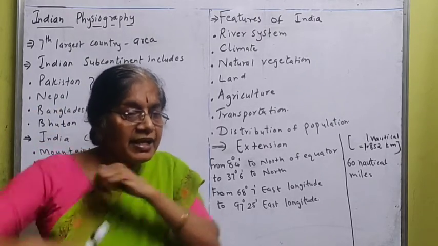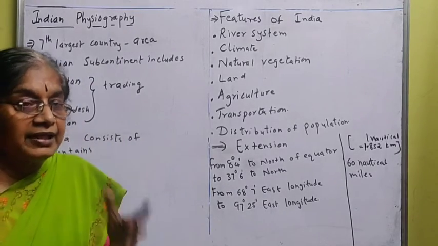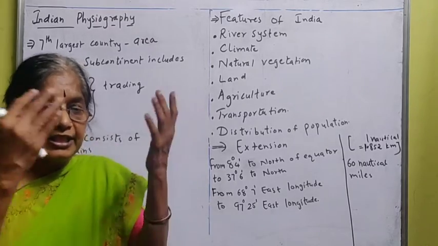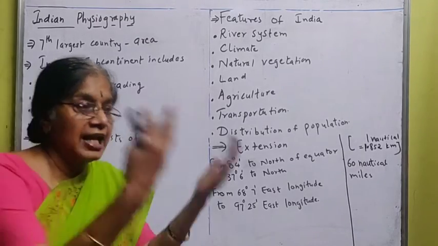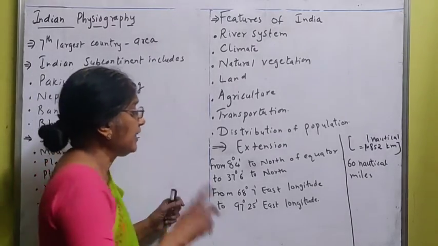But afterwards, when latitudes and longitudes were discovered, at that time the extension was measured in degrees and minutes, latitude wise and longitude wise. How is that? Let us see.